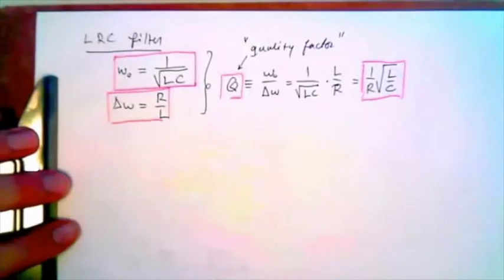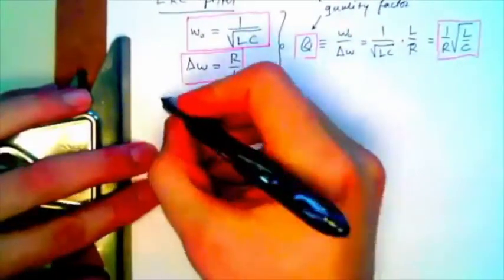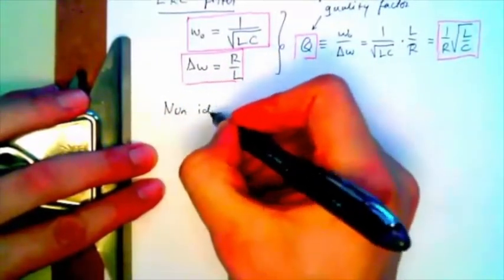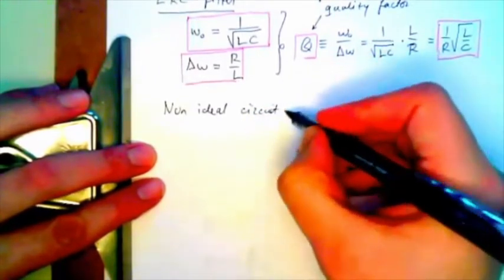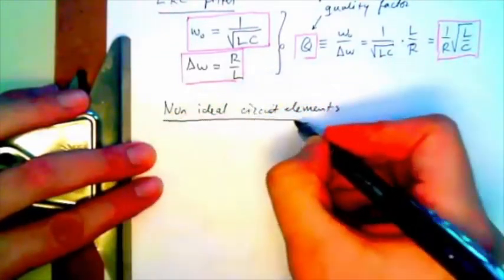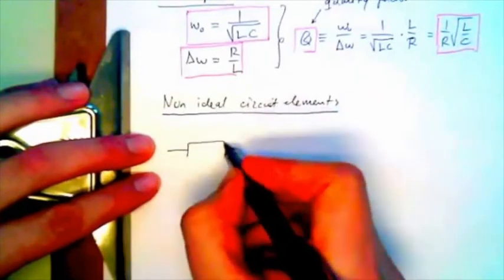Now, finally, let's talk about non-ideal circuit elements. Okay, the first one, the resistor.